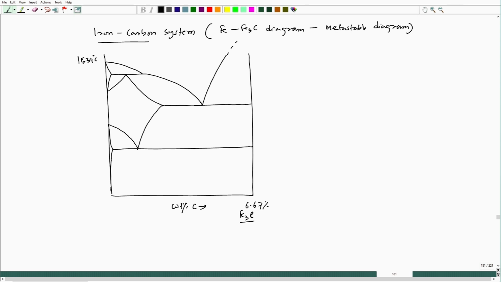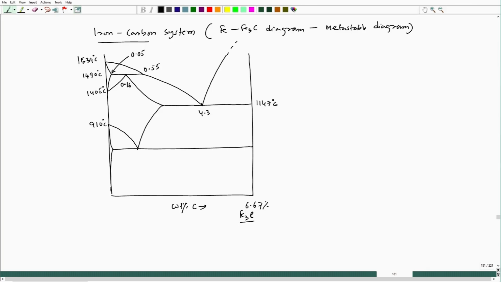This temperature is around 1490 degree Celsius, this is around 1405 degree Celsius, this composition is around 0.16, this point this composition around 0.05 and this composition is 0.55, this is 910 degree Celsius, this is 1147 degree Celsius.